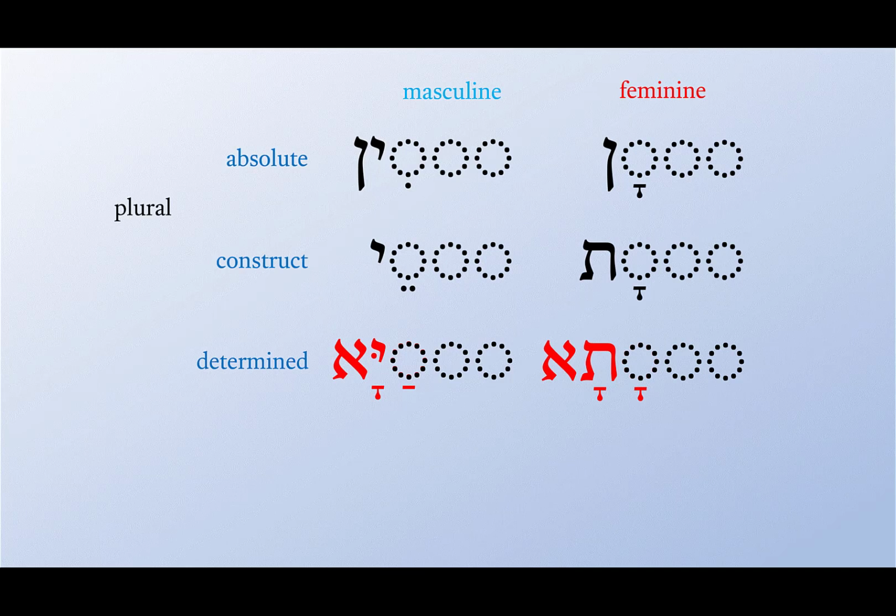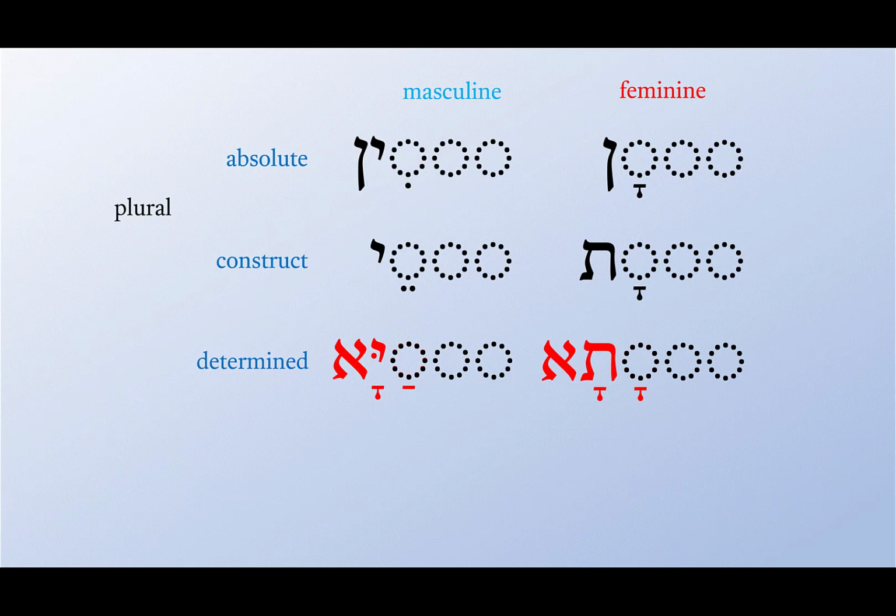Okay? And similarly, adding a kametz aleph onto the kametz tav that was already there in the feminine plural construct results in what we see on the screen for that ending. In every case, in every permutation, every combination of gender and number, adding kametz aleph gives the determined state.